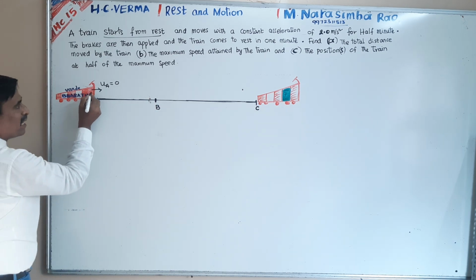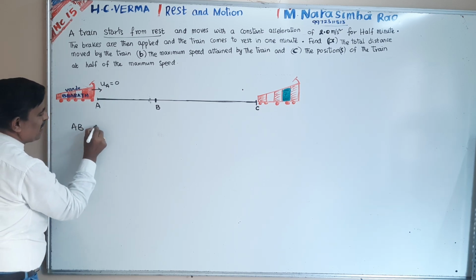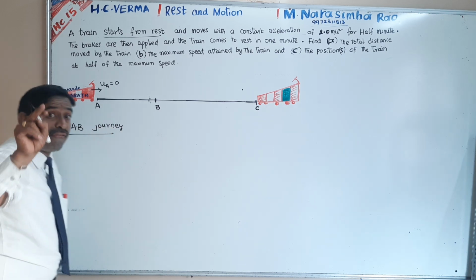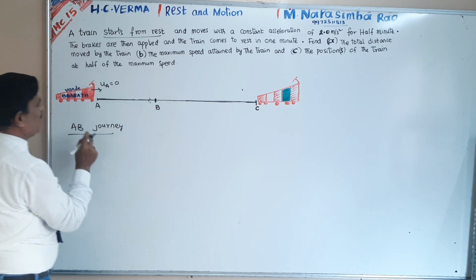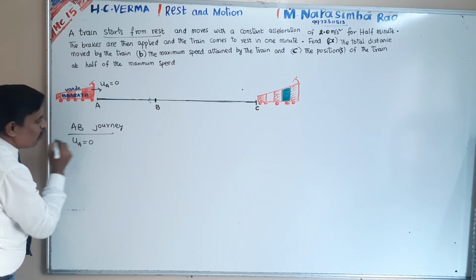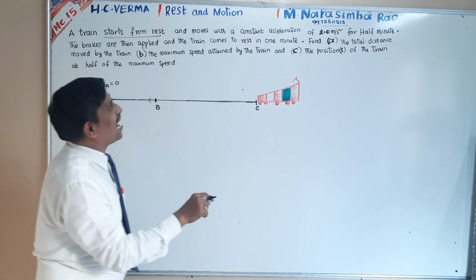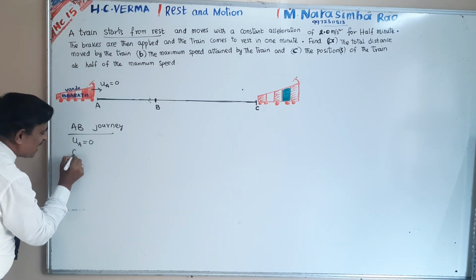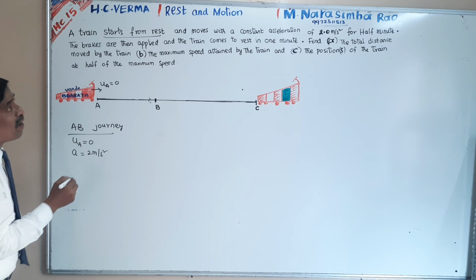Now, starting from rest, I am talking about the AB journey. In half a minute, the train is traveling from A to B. It is starting from rest, so initial velocity at A is equal to 0. The train is moving with a constant acceleration, a equals 2 meters per second square.